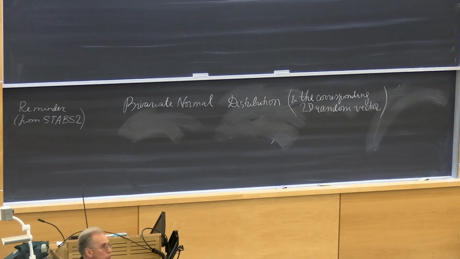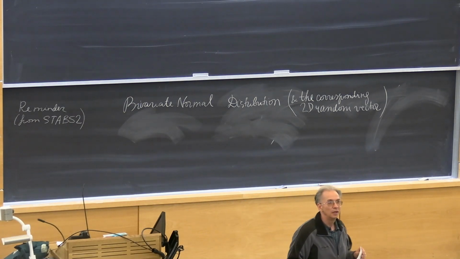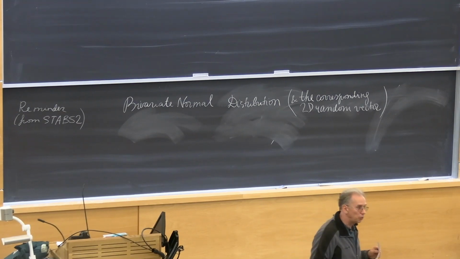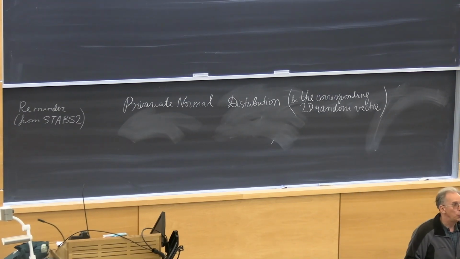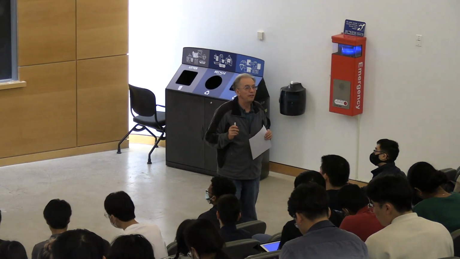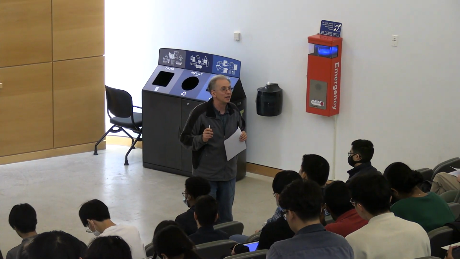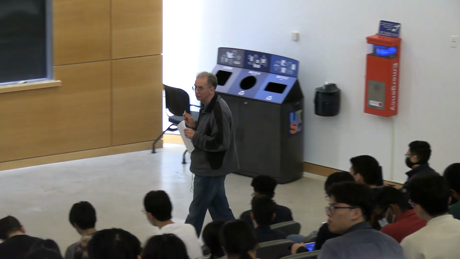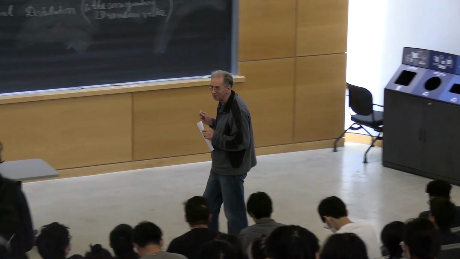A point which I keep stressing out is that these are really different things. Okay? We might have different random variables which possess the same probability distribution. But here I also emphasize 2D random vector because we now study vectors. Okay? So it makes our life even more exciting.